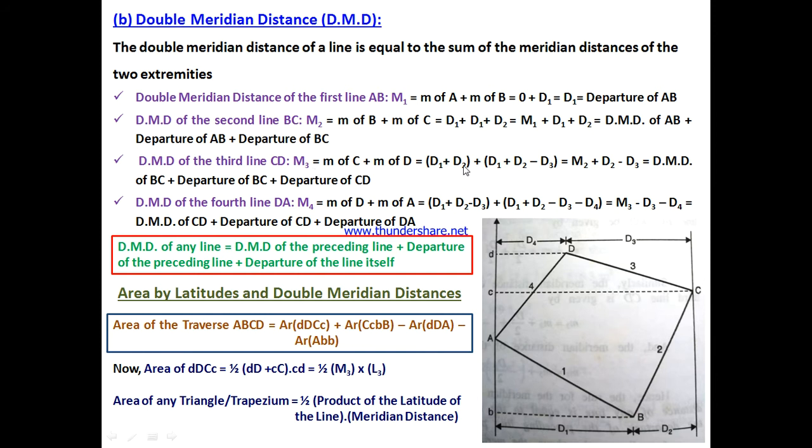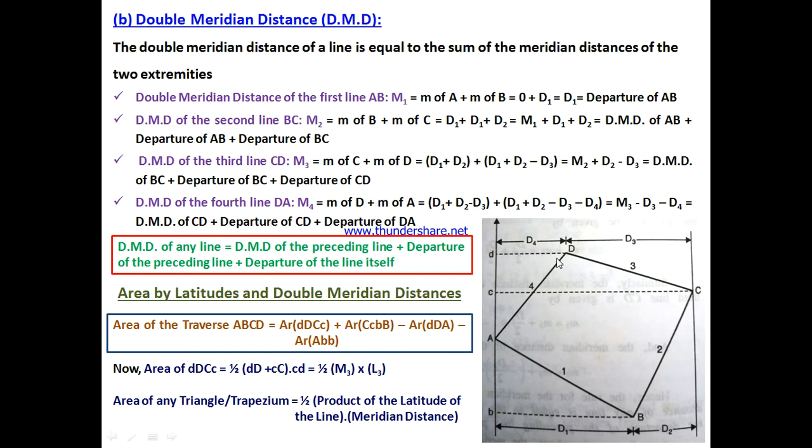M3 will be equal to D1 plus D2, which is the meridian distance of point C, plus D1 plus D2 minus D3, which is the meridian distance of point D, and it will be equal to M2 plus D2 minus D3. In a similar manner for line 4, we can calculate the double meridian distance.